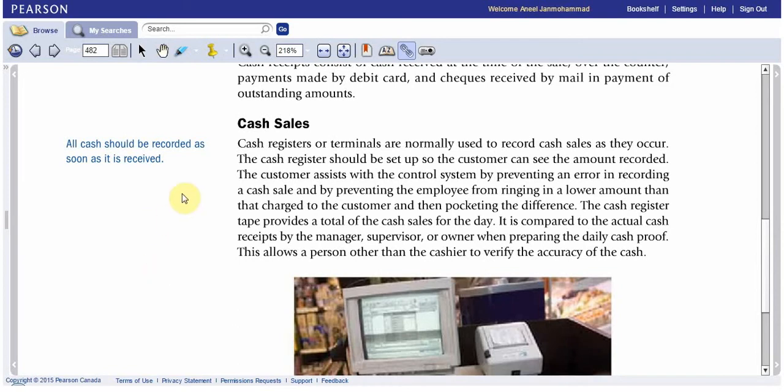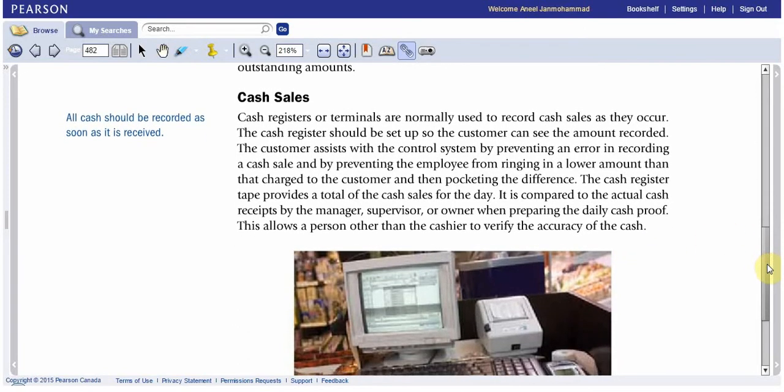Okay, so cash registers. These are the things that are usually used to record cash sales as they occur, as they happen. And cash registers give receipts.